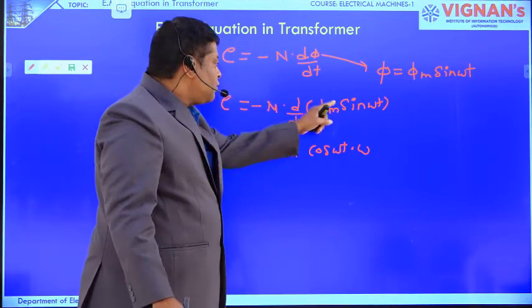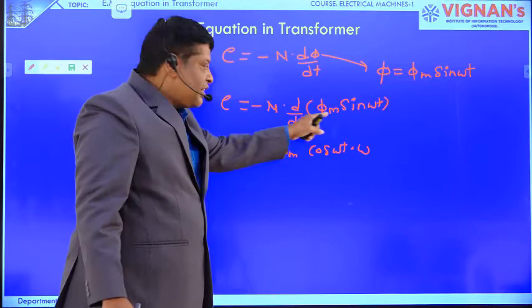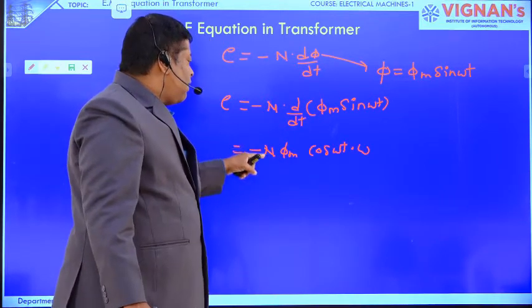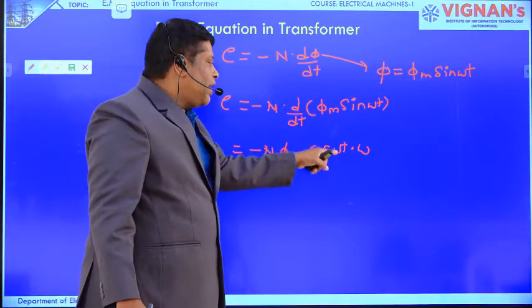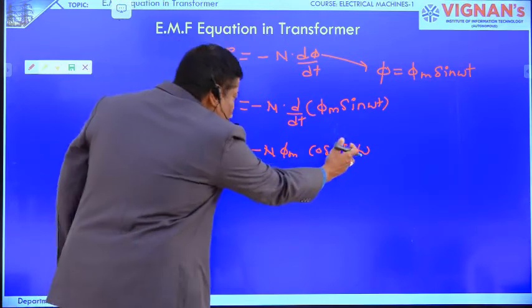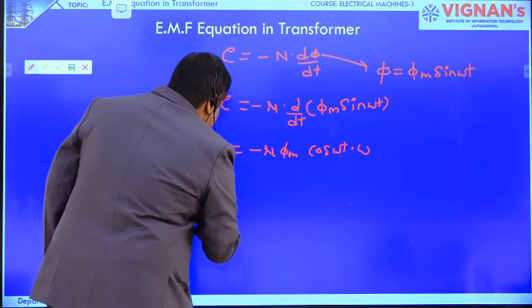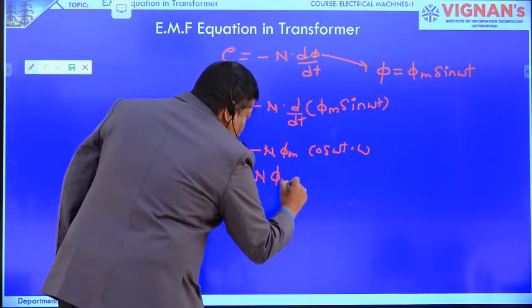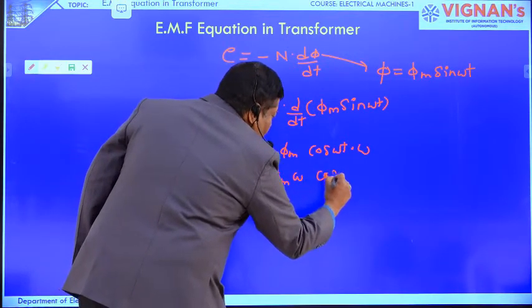The constants we take outside, so E equals minus N φm omega cos omega t.